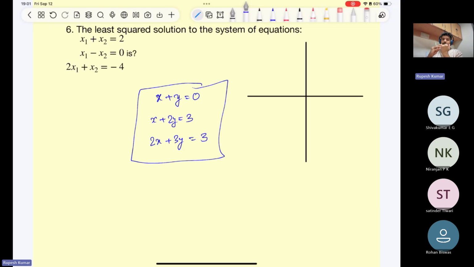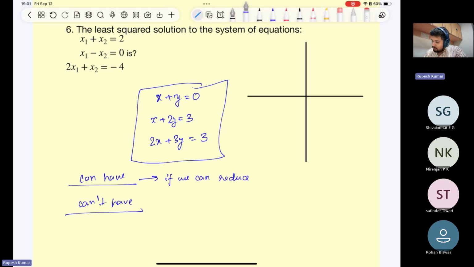Right, so there are two cases here. We can have a solution, or we can't have a solution. Why can we have one? If we can reduce three equations to two equations. What does this mean? The equations are not all linearly independent.